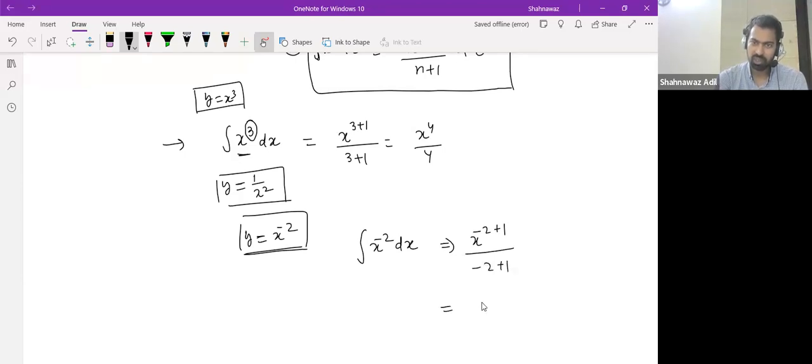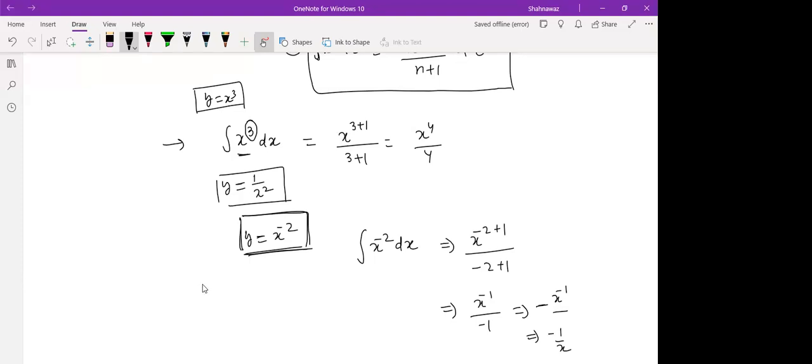So this would be x^(-1) divided by -1, so this is minus 1 over x. So this is the integration of x to the power minus 2. Is this clear, guys?